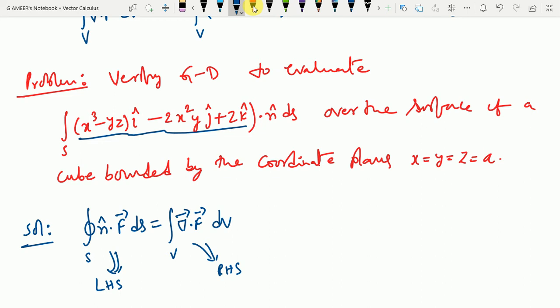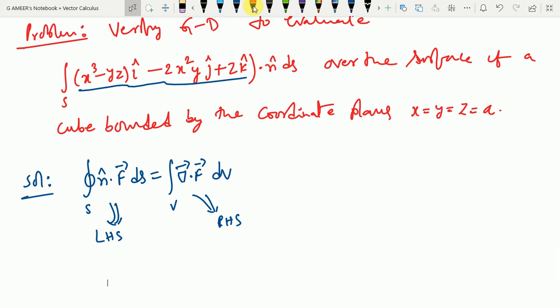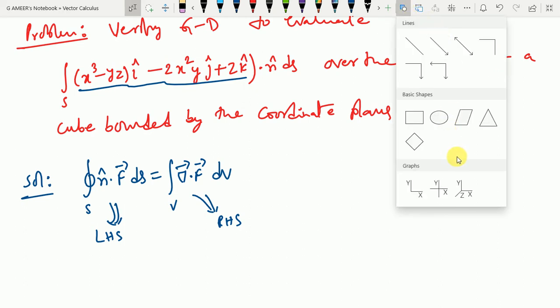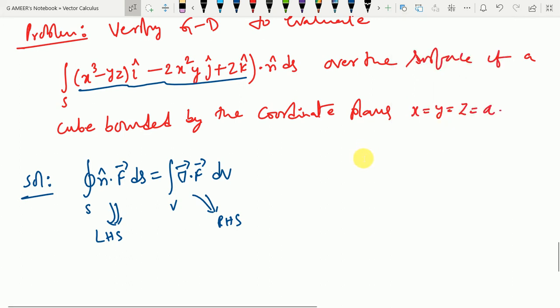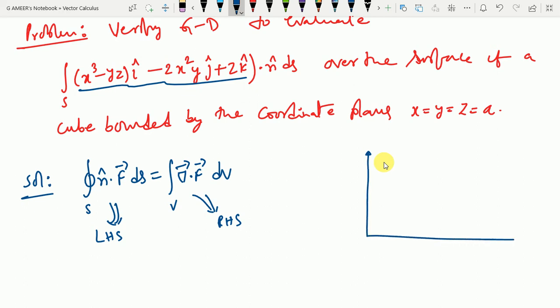So he defined it as a cube. The cube looks like this. So we can draw the cube here. Let me draw with hand. First of all, let us draw the x, y, z coordinate axes: x axis, y axis, z axis.